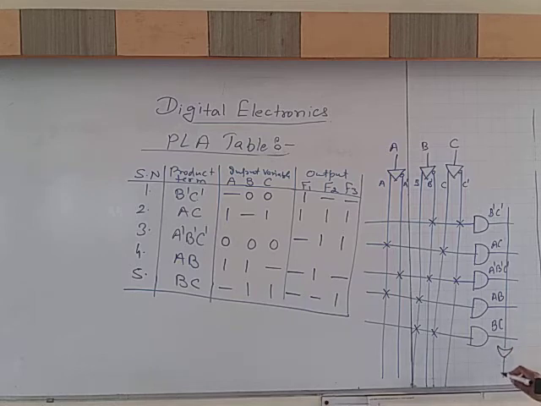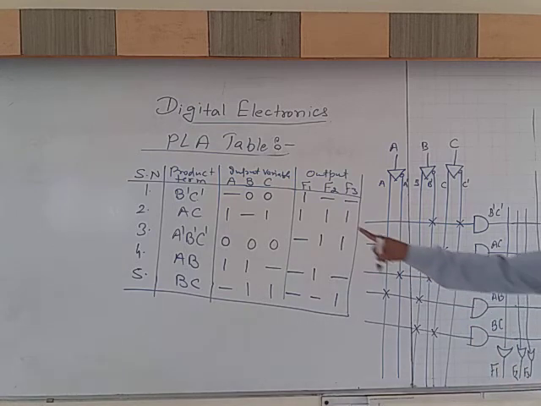The first one will be for F1, the second one will be for F2 and third one will be for F3. So this OR structure will give us F2 and this third one will give us F3.